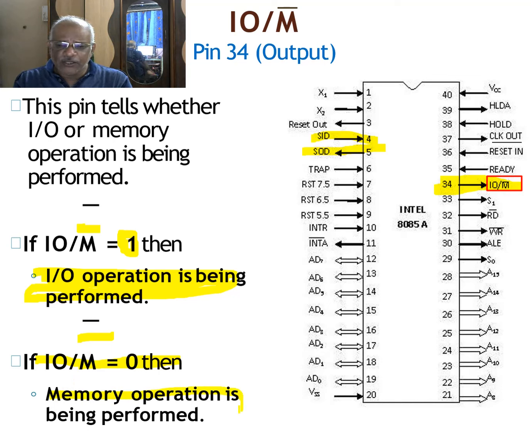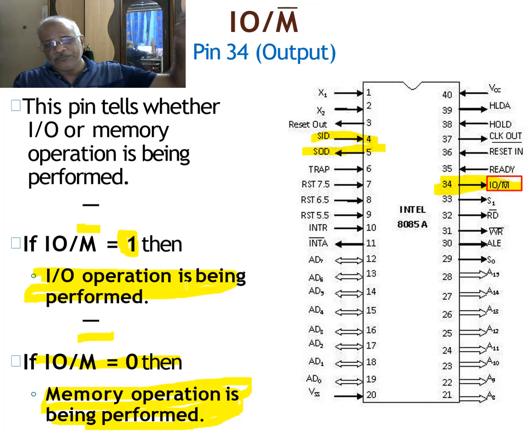Whenever IO oblique M bar is 0, it is a memory related operation, and the address present on the address bus will be treated as the address of the memory location. Remember, whenever it is 1, the address will be treated as the address for the IO device, and when it is 0, the address will be treated as the address of the memory location. So this is the importance of the IO oblique M bar pin.